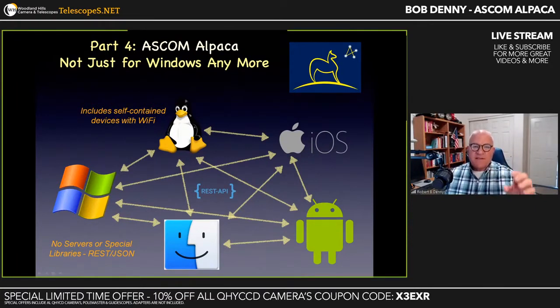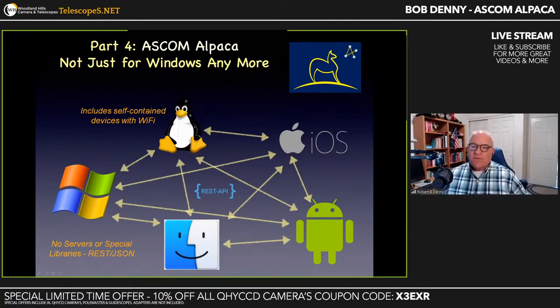What Alpaca does is it takes the same actions and objects, the same interface definitions, and implements that in REST, representational state transfer, which is an internet protocol that rides on top of HTTP and uses JavaScript Object Notation as the payload. It's extremely widely used.